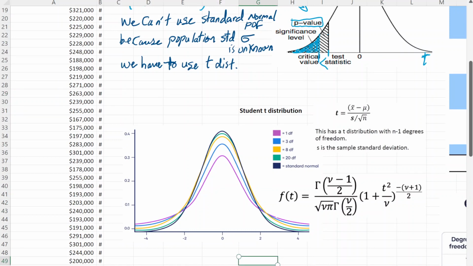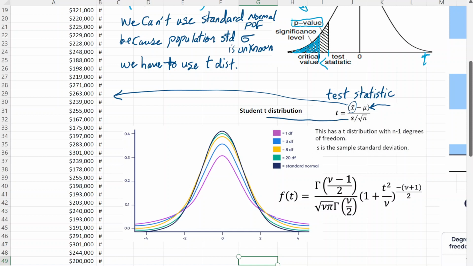The test statistic for the hypothesis test that we're going to use is this one, in which X bar is the sample mean, or basically the average coming from the data set of 50 salaries we have. Mu is the hypothesized value, in this case 230K.